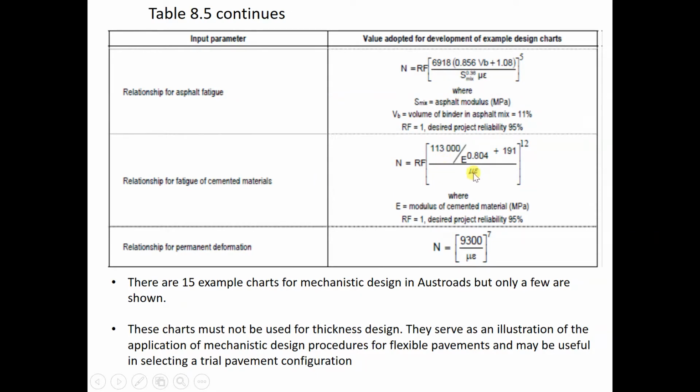This one will be the allowable SAR 12 for the cemented material, and this one will be the allowable SAR 7 for the deformation, which is actually for the subgrade.